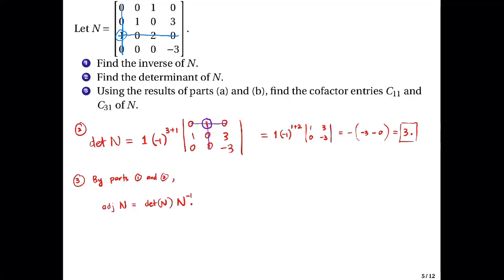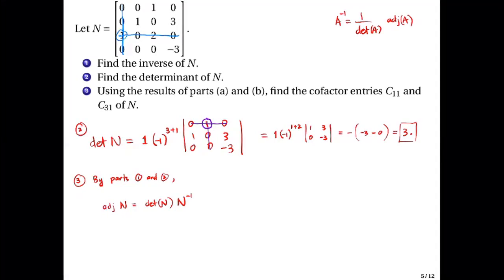In our lecture, the original formula that was given to you is A inverse equals 1 over determinant of A times adjoint of A. We can manipulate this and we will get this equation.